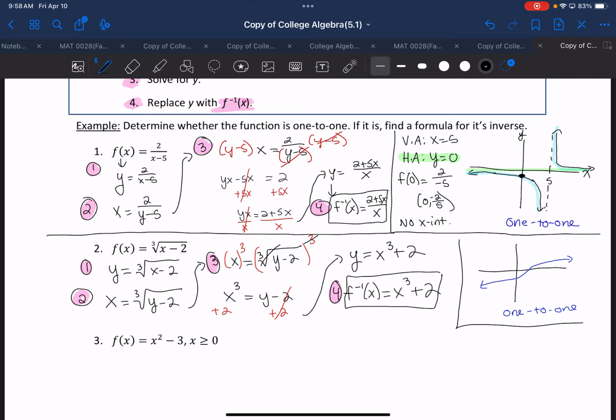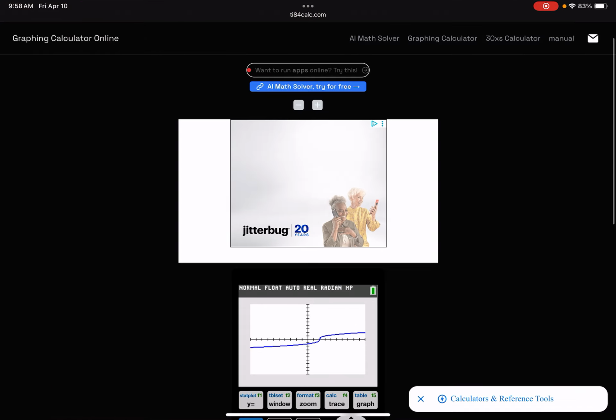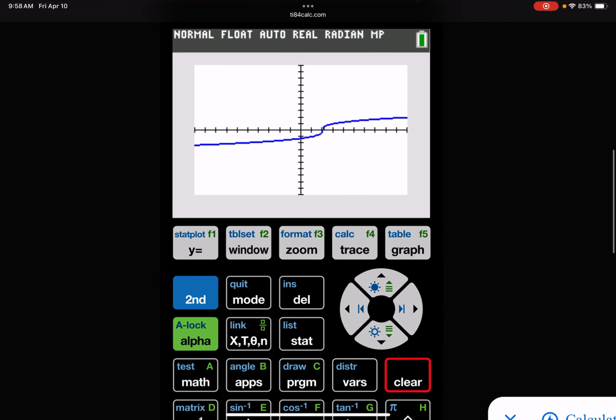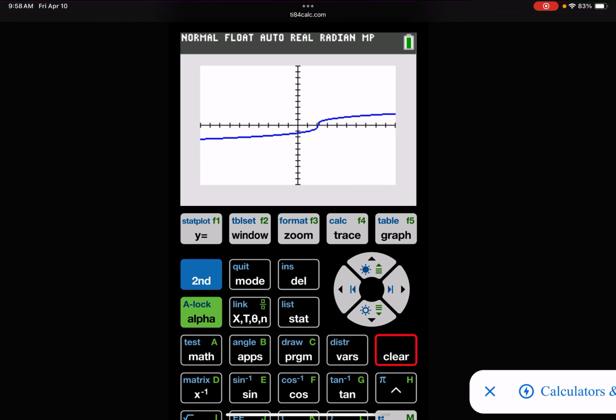And so I'm going to show you what this graph looks like on the calculator as well. So let me switch over real quick and then I'll switch back. So I'm going to graph it with this function. So this was the original function.